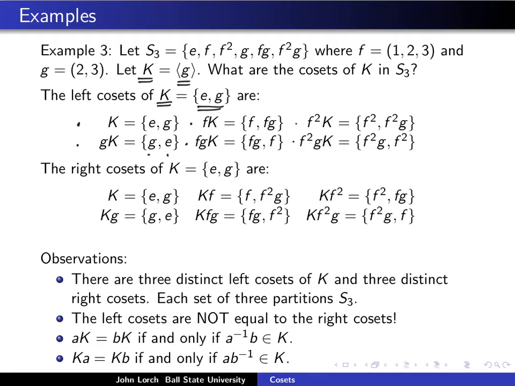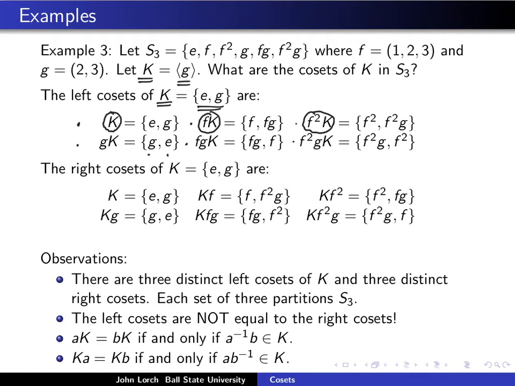Now, you might notice that there are really only 3 distinct cosets, namely these 3 that I'm circling right now. Those cosets are all disjoint, and if you put them all together, you get the entirety of S3. So there are three distinct left cosets, and they go together to give S3.